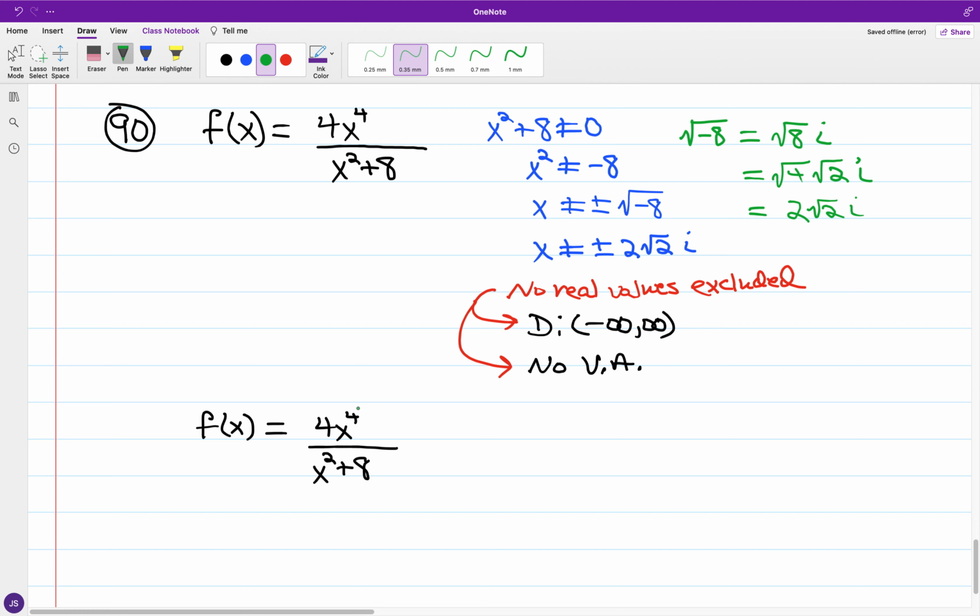And comparing the degrees, the numerator degree is going to be 4, and the denominator degree is defined by the higher order term at x squared, so m is equal to 2.